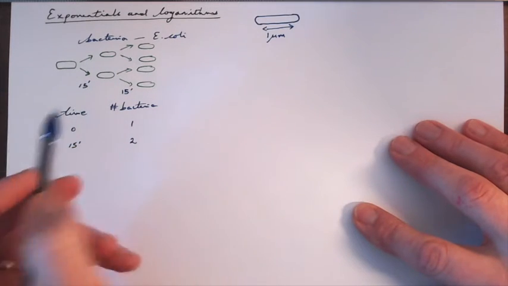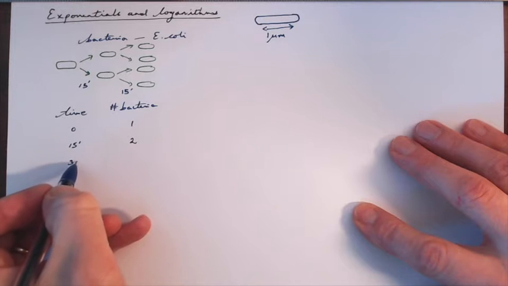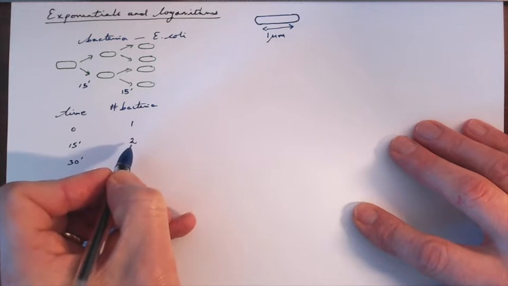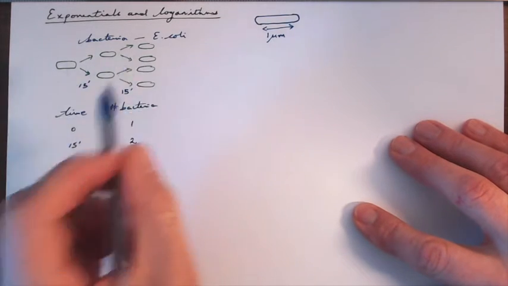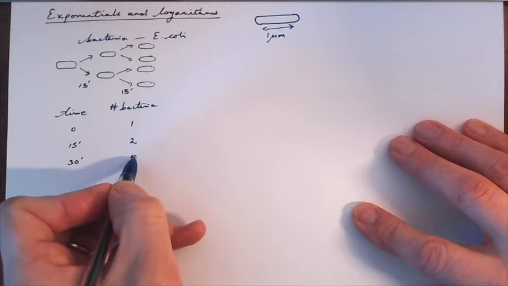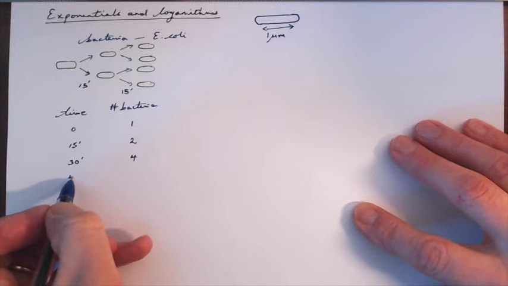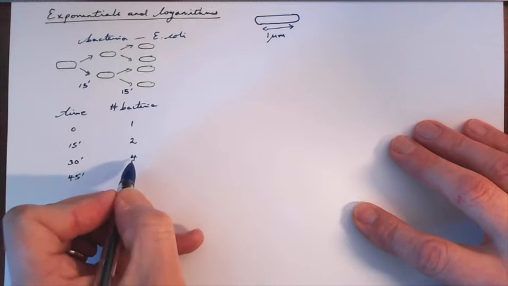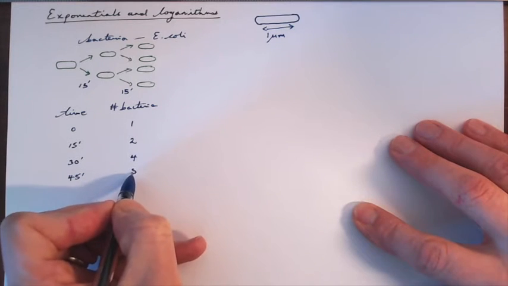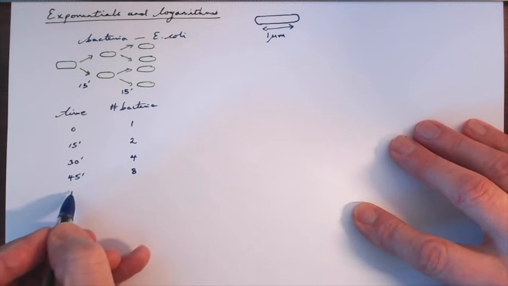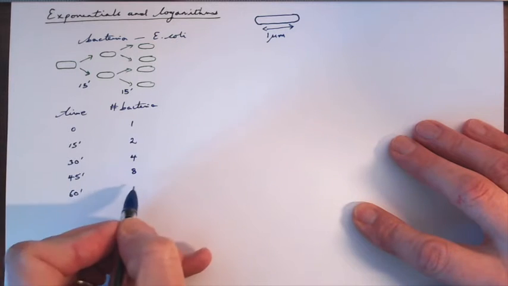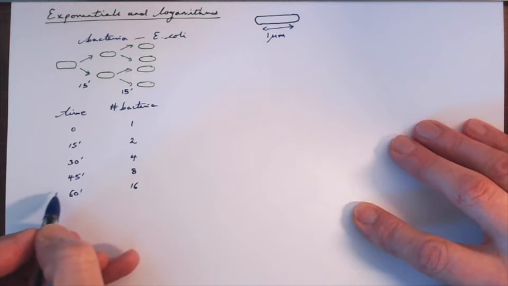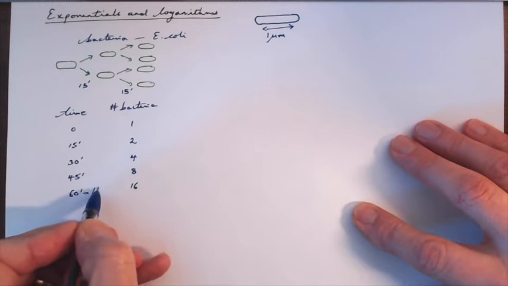And then after another 15 minutes, so a total of 30 minutes, each of these 2 bacteria will have divided, and we now have 4. Another 15 minutes, each of these 4 divides, we have 8. Another 15 minutes, each of these divides, and we have 16. And this, of course, is now 1 hour.